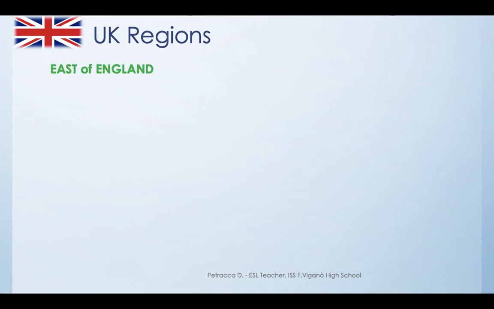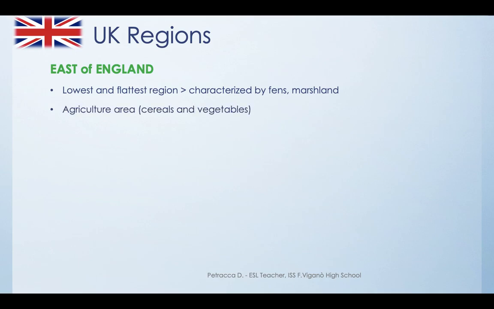Let's focus on the various UK regions. We can consider different regions and classify them into East of England. East of England is the lowest and flattest region, and it is characterized by fens and marshland. It is an agriculture area based on cereals and vegetables crops.